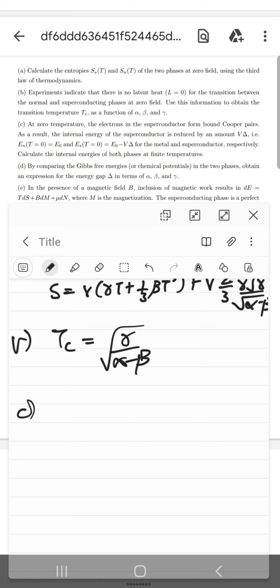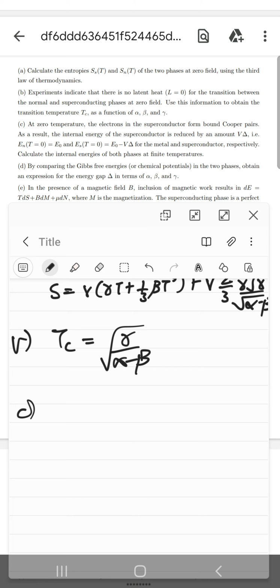At zero temperature, the electrons in the superconductor form bound Cooper pairs. As a result, the internal energy of the superconductor is reduced by an amount V delta. V delta. I don't get it. What happened? Electrons in the superconductor form, whatever, some effect happens.